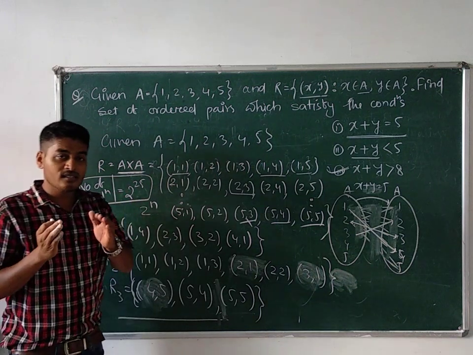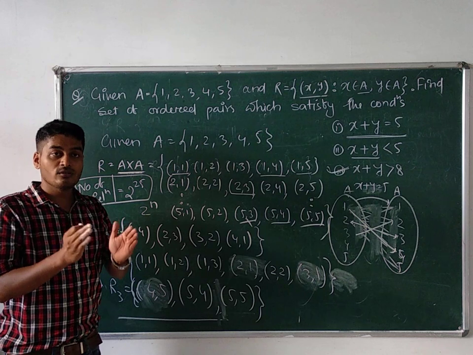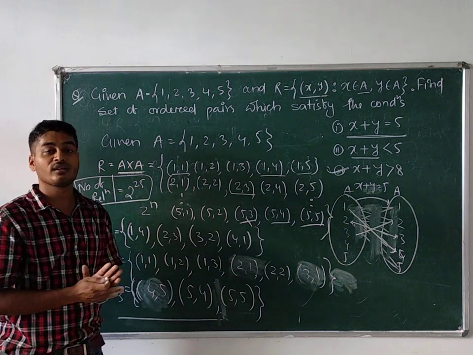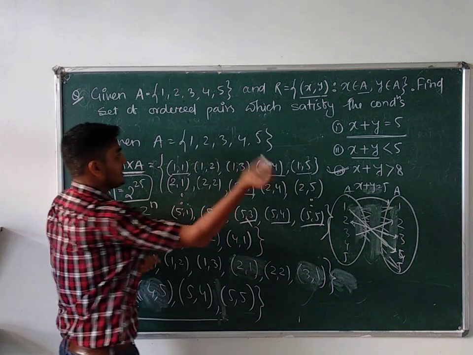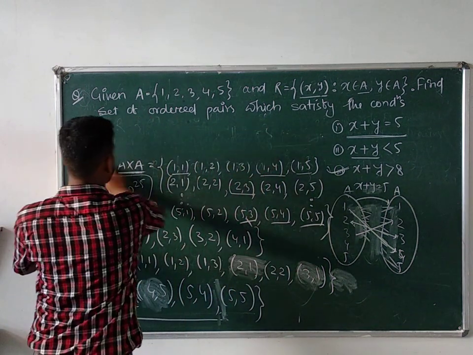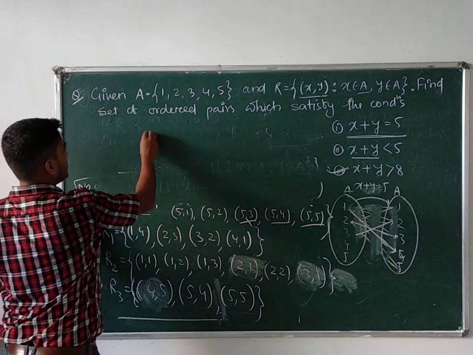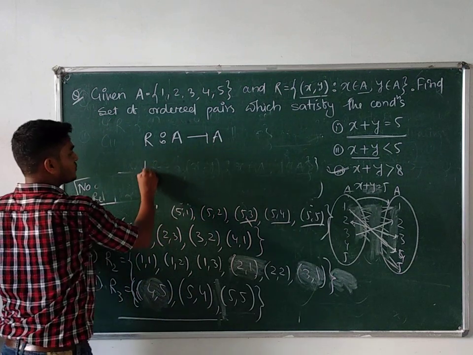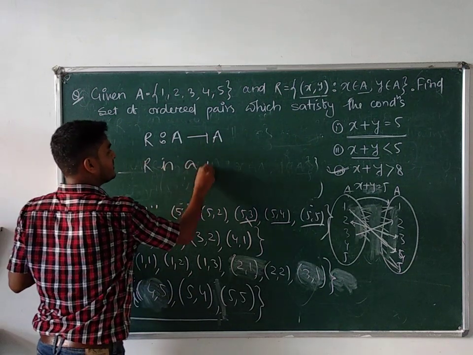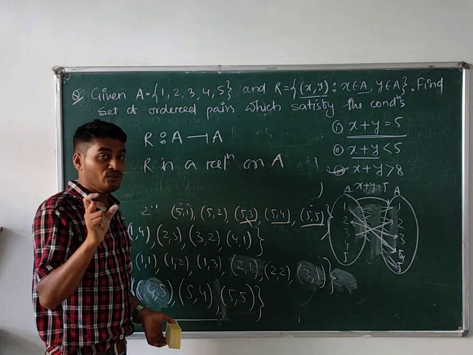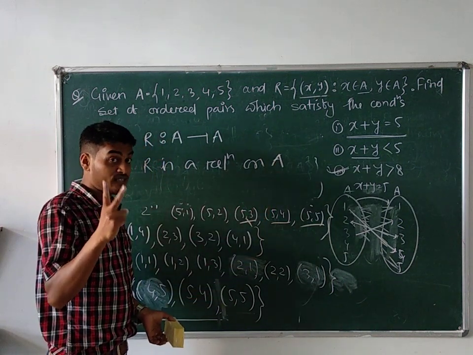So just listen carefully to the explanation of what the total number of relations in a set is. Whenever a relation is defined from A to A, this is also known as R is a relation on A. Remember, generally to introduce a relation, how many sets are required? 2 sets are required.